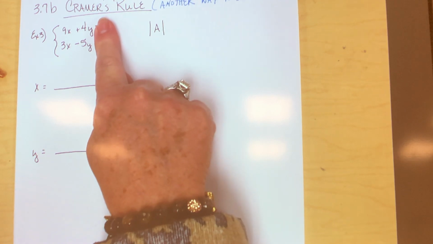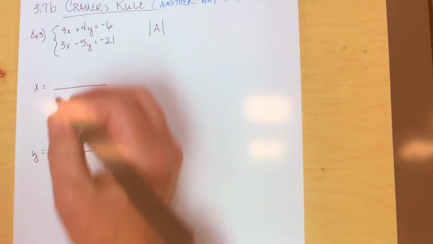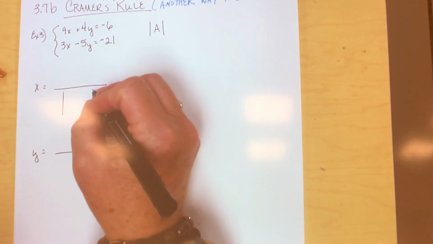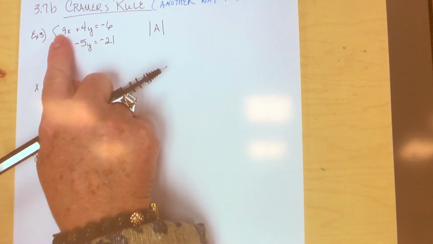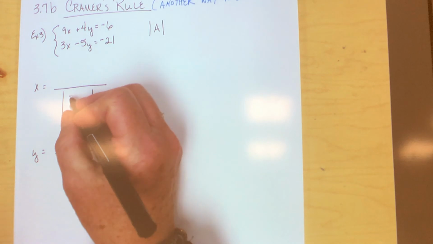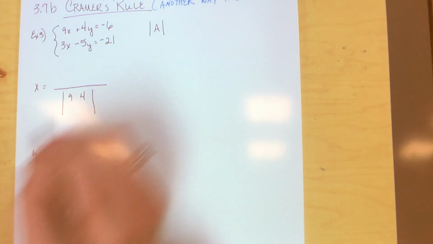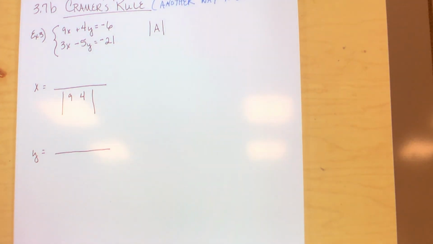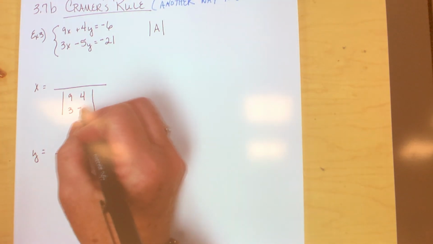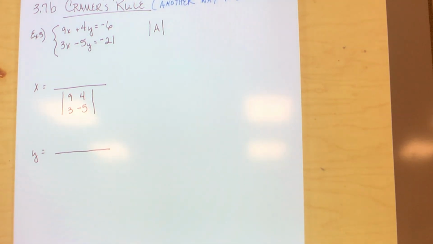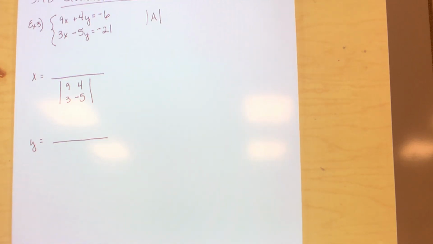So here's what I'm saying. This determinant down here under x is the determinant whose first row is 9, 4. What's my second row? 3, -5. You got it? Okay, was that hard?